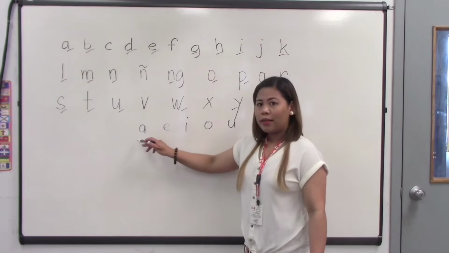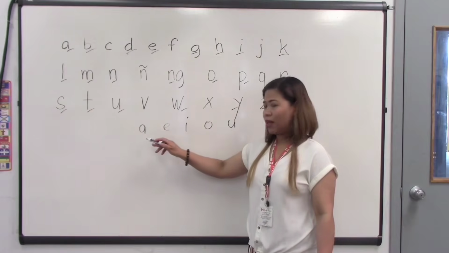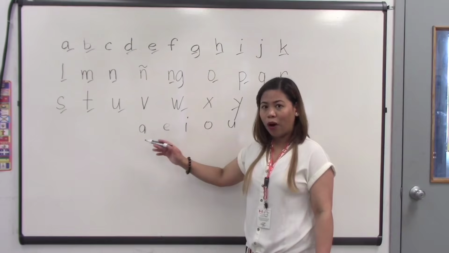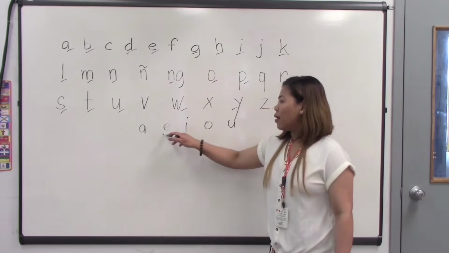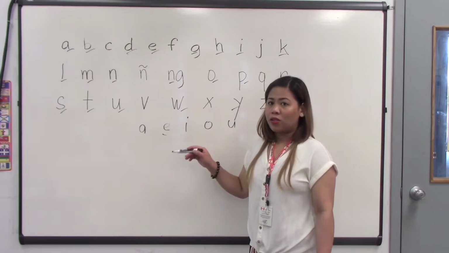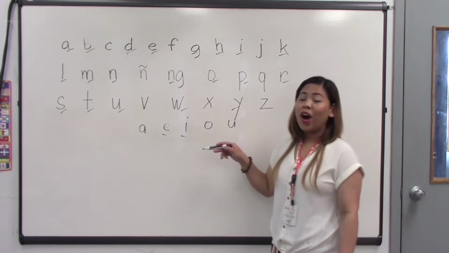So for the vowel A, the sound is A. It's very simple. You just need to open your mouth. A. That's it. No long, no short A. It's just A. The vowel E is E. It's soft. The I is the hard one.